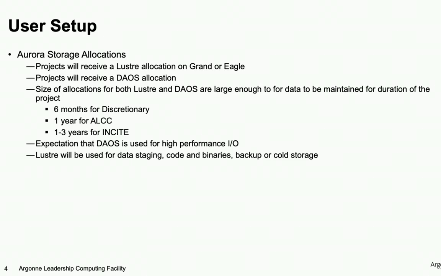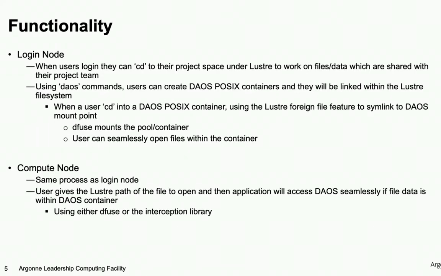So how do users see this functionality when they log onto the system? When you log on, you'll just see your Lustre file system as you would expect, your home or your project. You can cd into your project space. All your files and data can be shared with your project team as normal. Then you can, using the DAOS commands, create a POSIX container, and that'll be linked into the Lustre file system.